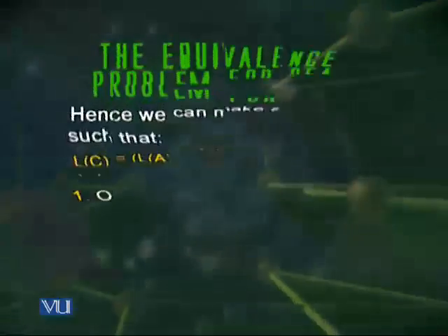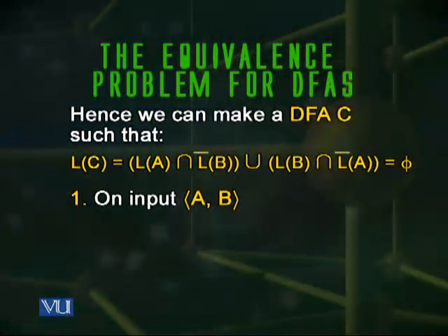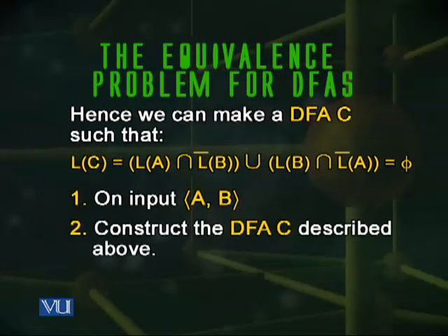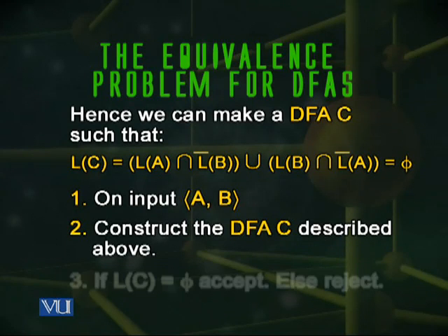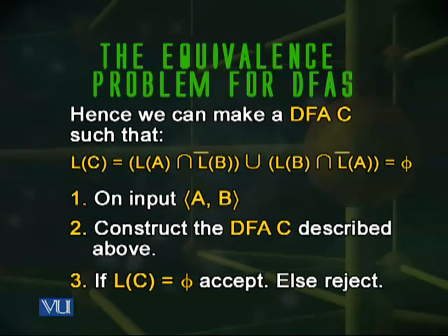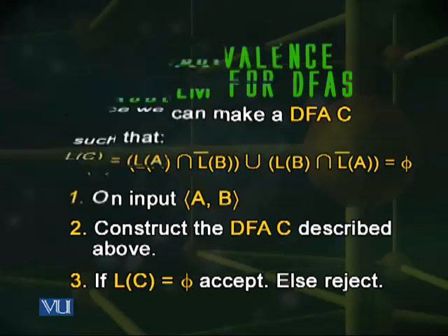And we know how to do all of these. So we have the following description for a Turing machine that decides this equivalence problem. On input the encoding of A and B, where A and B are DFAs, we will construct the DFA C as described above. Now, if the language of C is empty, we will accept, otherwise we will reject.